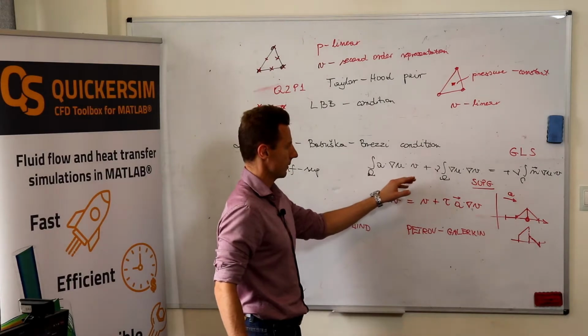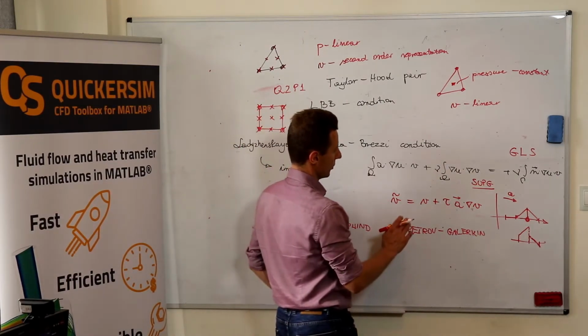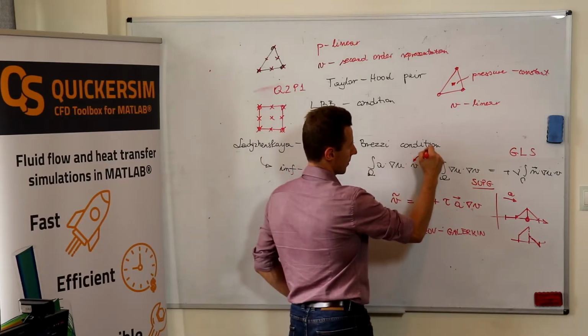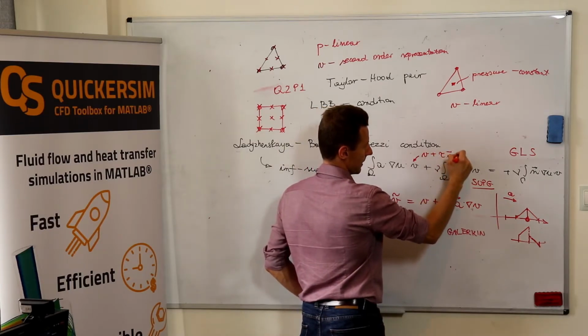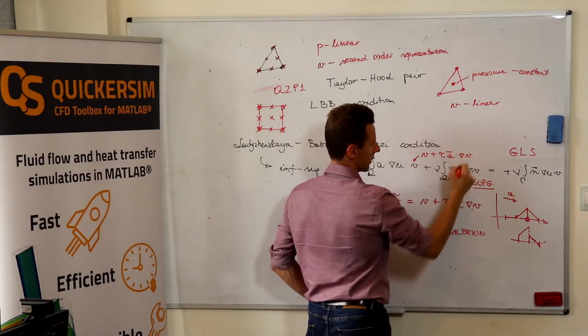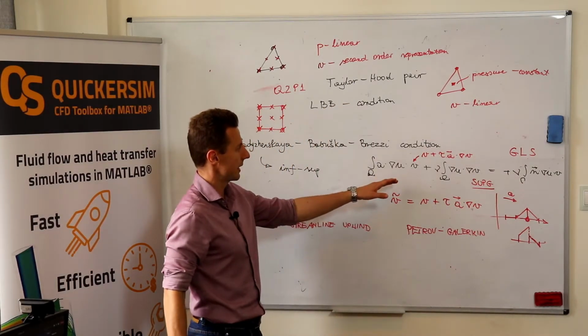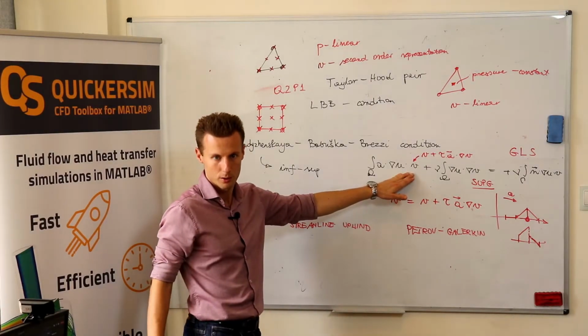You need to replace this V by V plus coefficient A times gradient of V. So you see that you generate more terms.